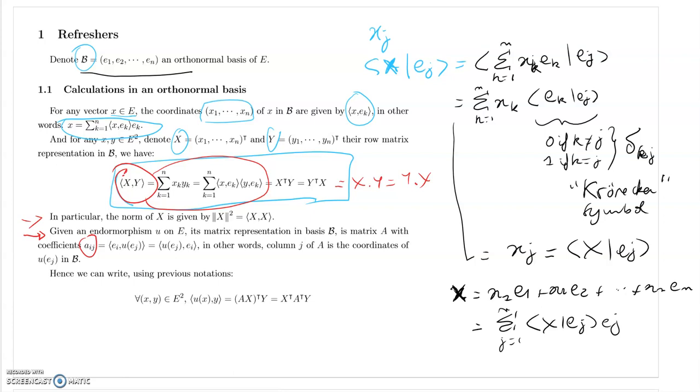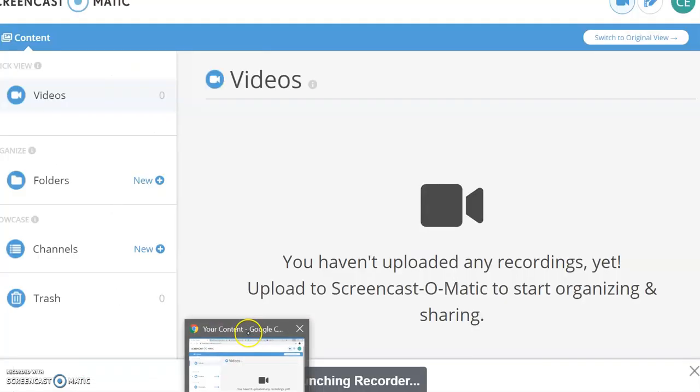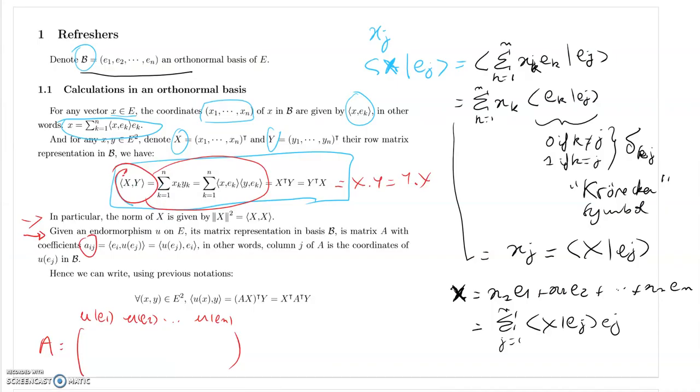Simply because you remember that if you want to make the matrix A in that basis, you take U of E1, U of E2, etc., U of En. So each column is going to be the image by this endomorphism of each basis vector, expressed in E1, E2, up to En.